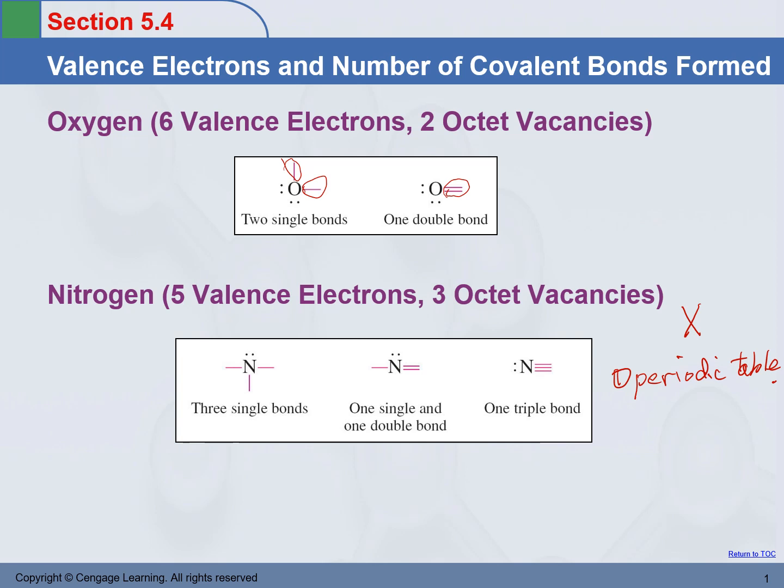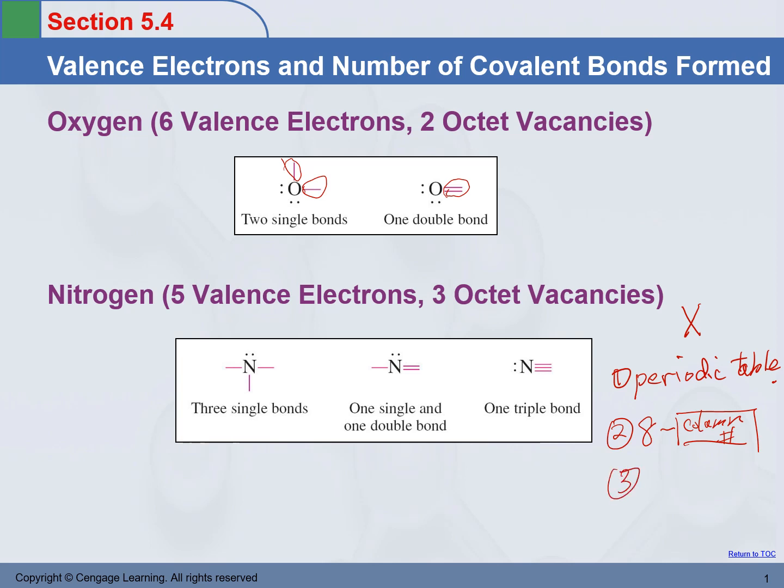You focus on the column number. The column number, the Roman numeral, is going to tell you how many valence electrons it has. Then you will use 8 minus the column number. That will give you the number of bonds it needs to form in order to get 8.